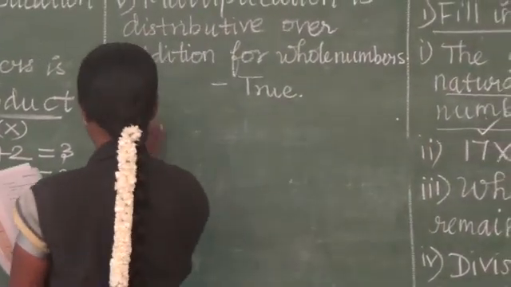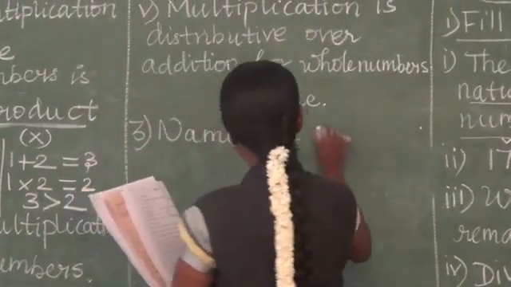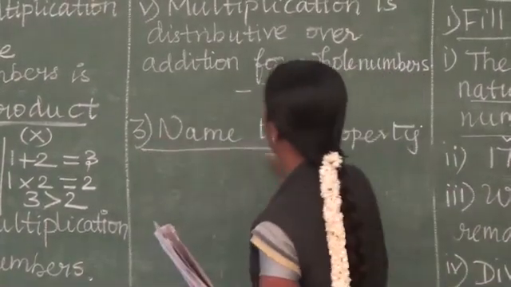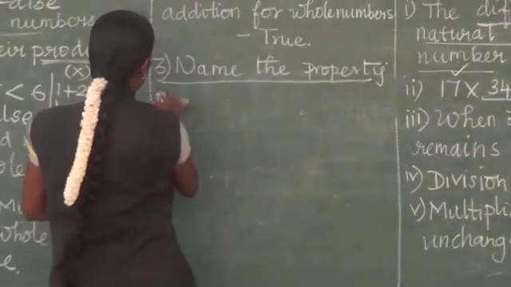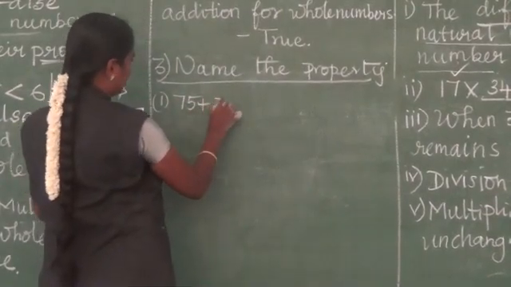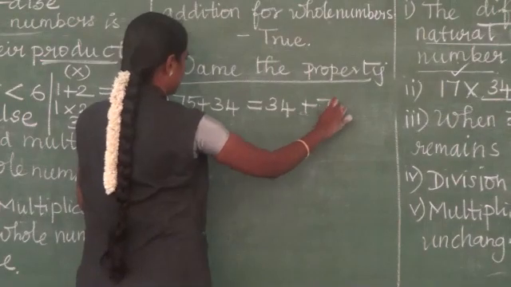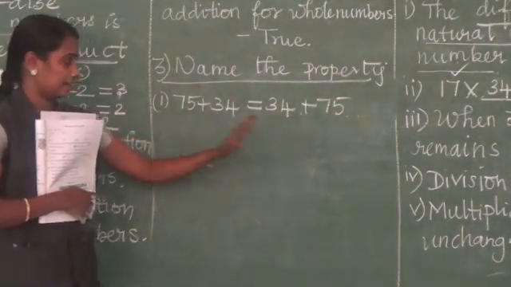Question number 3, name the property. First option is 75 plus 34 equal to 34 plus 75. We have left hand side and right hand side.